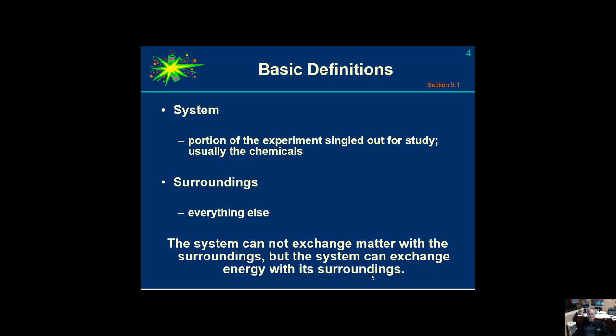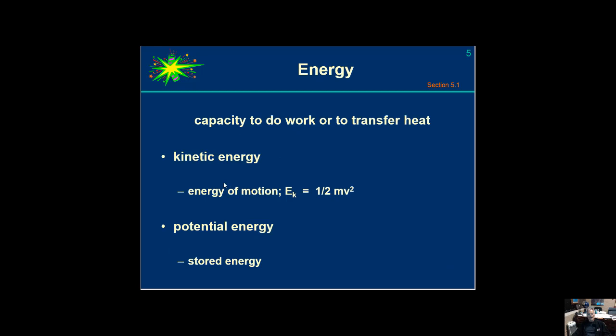It can exchange energy with the surroundings. And we're going to focus on simply changes in temperature, or the movement of heat either into or out of the system from the surroundings or to the surroundings. So system and surroundings comprise the entire universe.